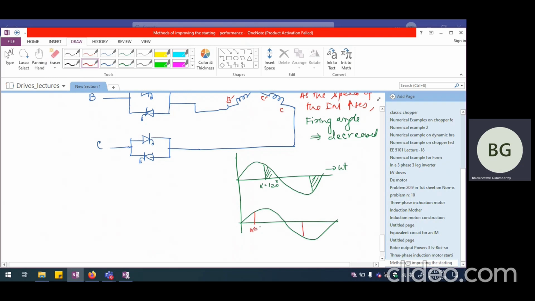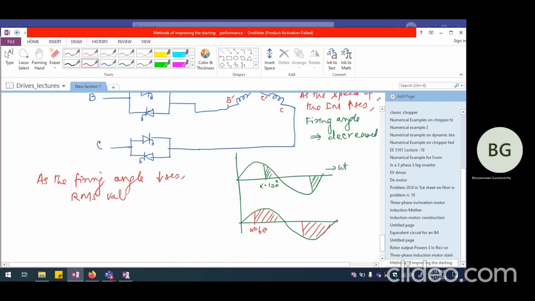So this is alpha equal to 60 degrees. Now I am applying so much more voltage in the positive half cycle and in the negative half cycle. So as the firing angle decreases, the RMS value of the applied voltage increases.